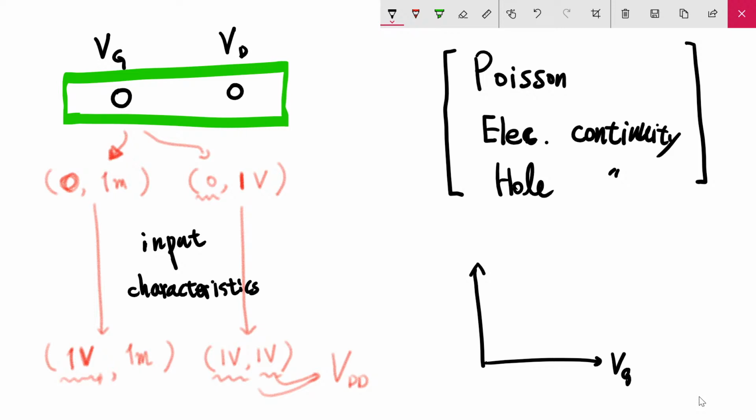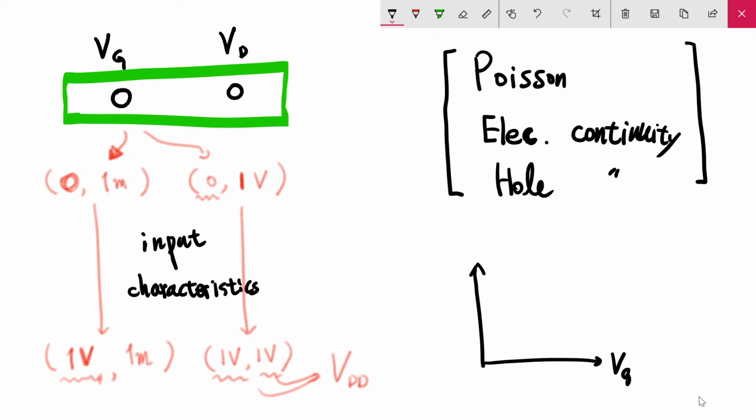Why do we call it input characteristics? So when you consider a transistor, usually gate is considered as an input terminal. So that's the reason why we frequently call it input characteristics.